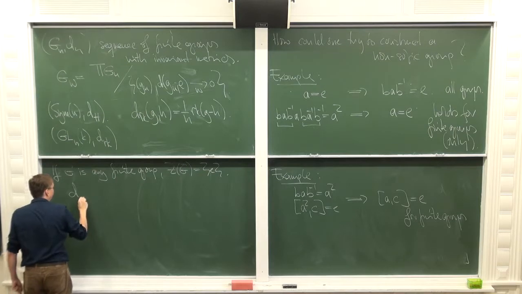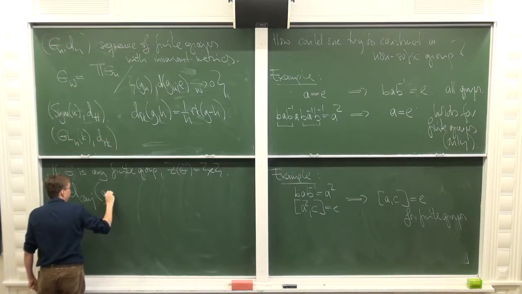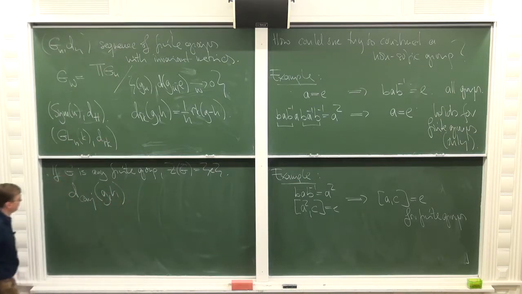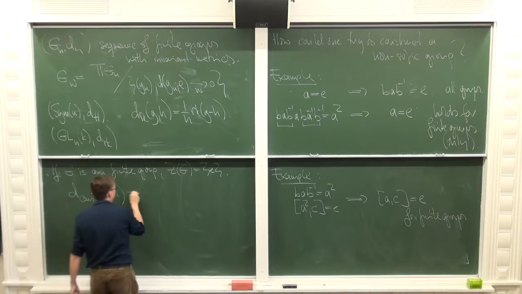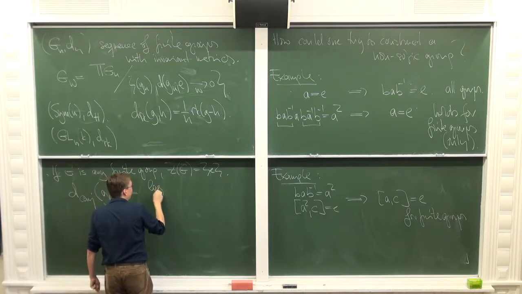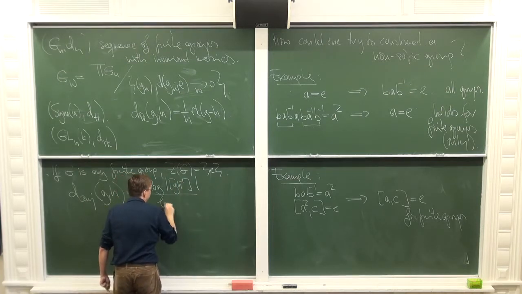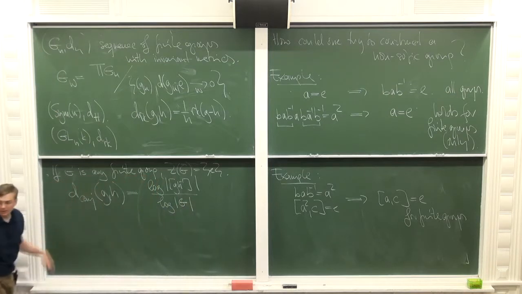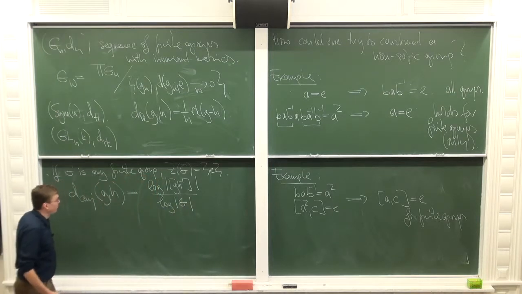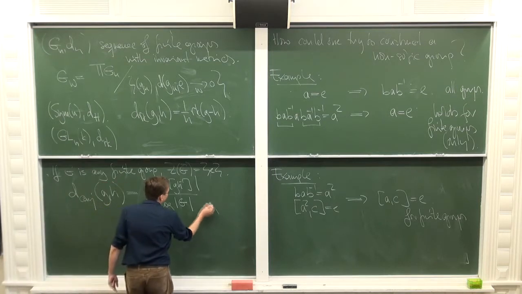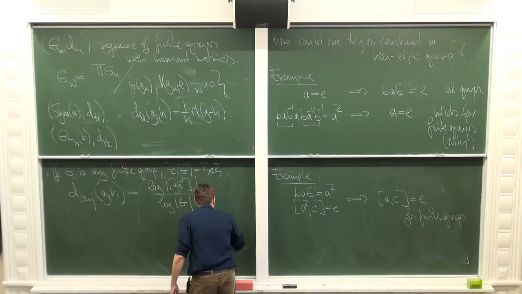This is called the conjugacy metric. The distance with respect to the conjugacy metric of g and h is defined to be the logarithm of the size of the conjugacy class of gh^{-1} divided by the logarithm of the size of G. So you normalize it in some way so that it's a number between 0 and 1. This is my notation for the conjugacy class.